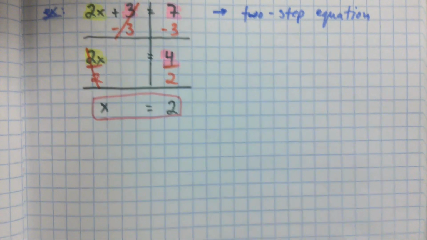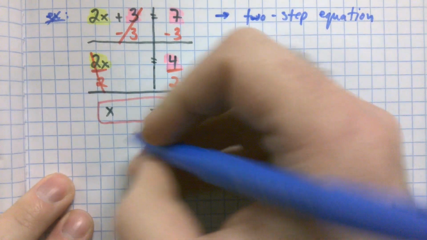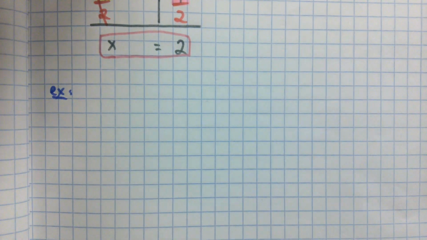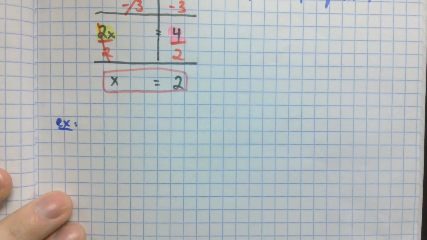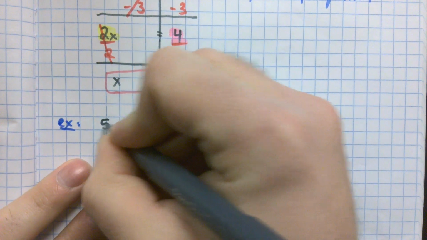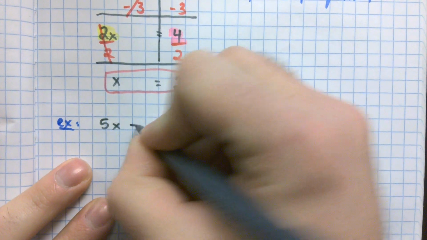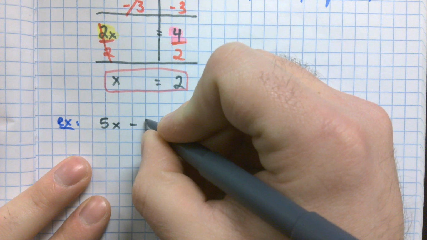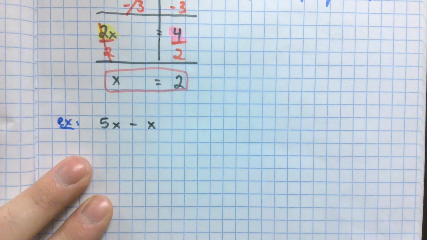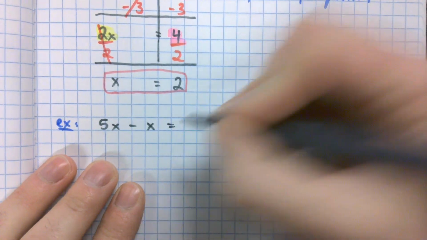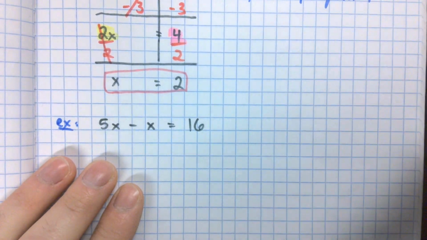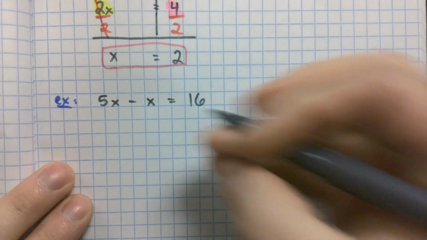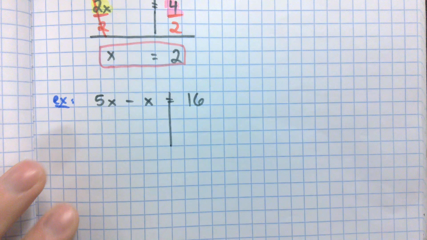All right. Now we also talked about a little process called combining like terms. So if we have something like 5x minus x equals 16, I'm going to split my equal sign like always.